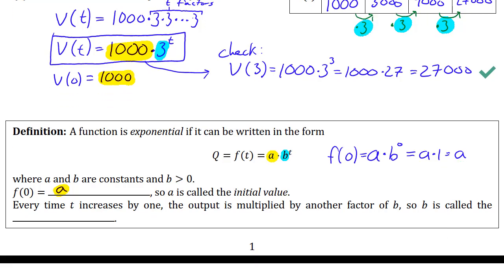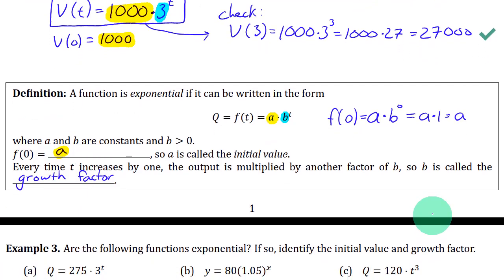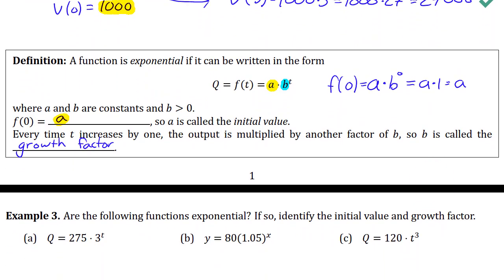So we call b the growth factor. Those are some important terms we're going to be using a lot when describing exponential functions.